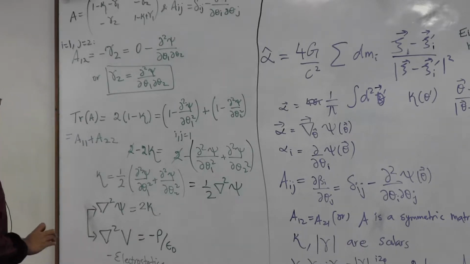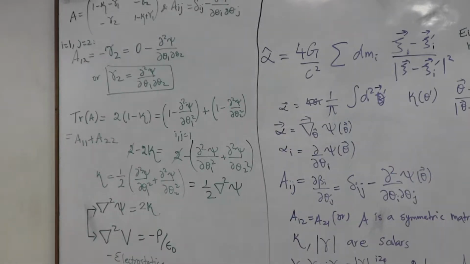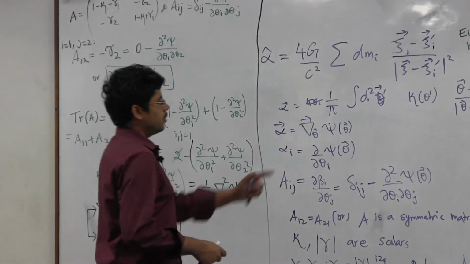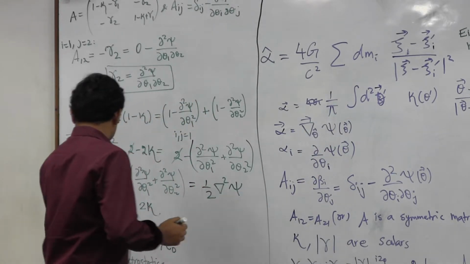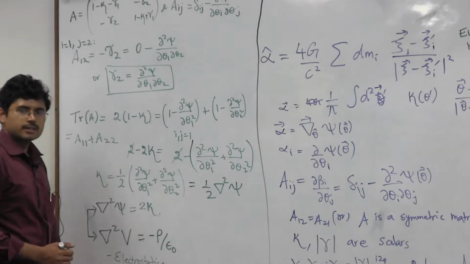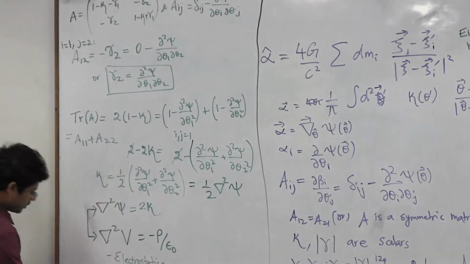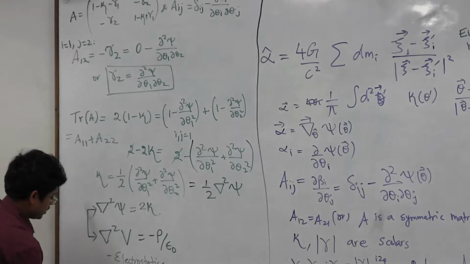And we still have gamma 1. So now that you found out kappa, you can just take one of them, say A11. Is it visible if I write here? Yeah. So A11 will be 1 minus kappa minus gamma 1.